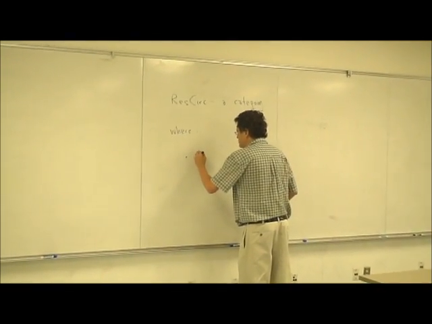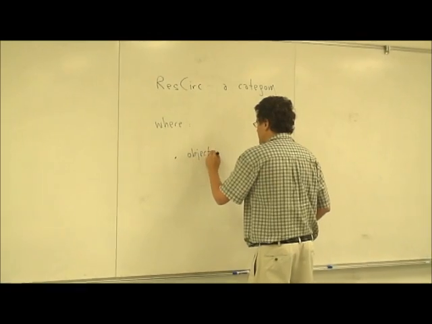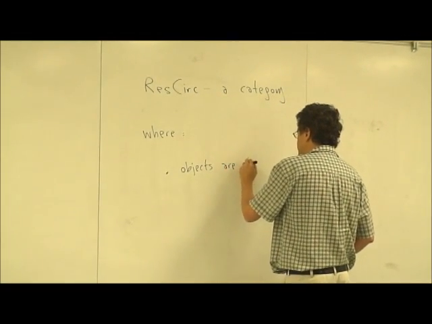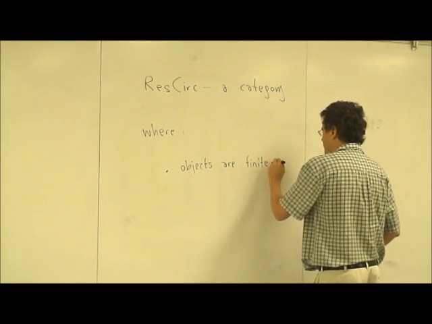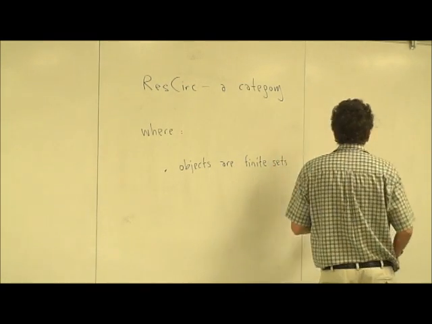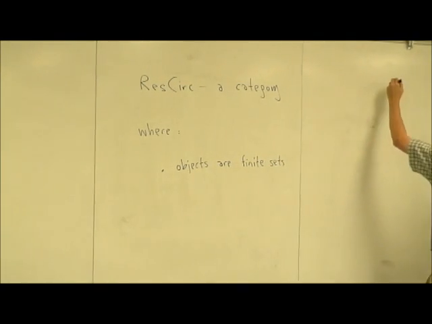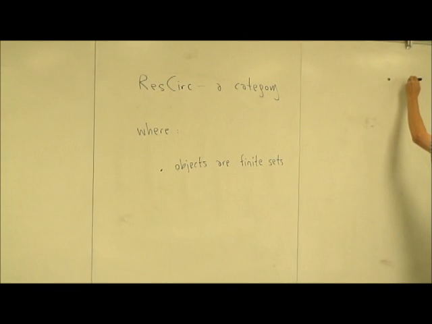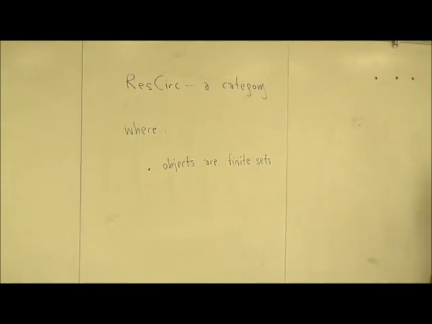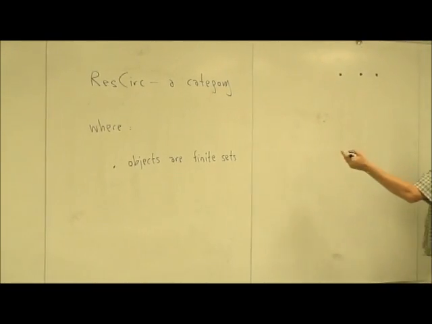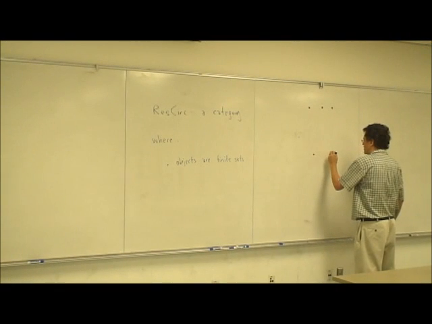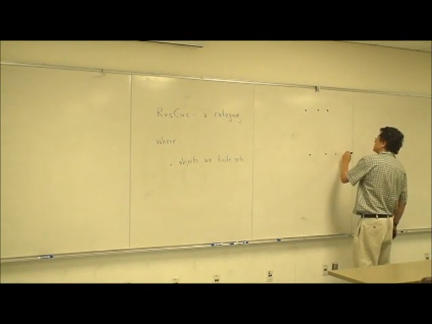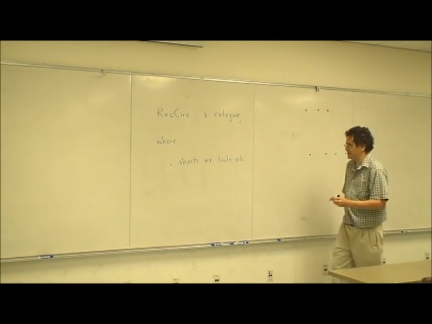The objects are just finite sets. So you imagine a bunch of dots as an object. And then what's a morphism from one finite set to another? Like here's a morphism from a 3-element set to a 4-element set.